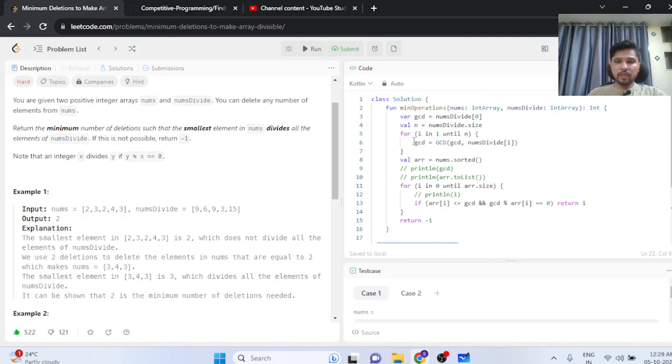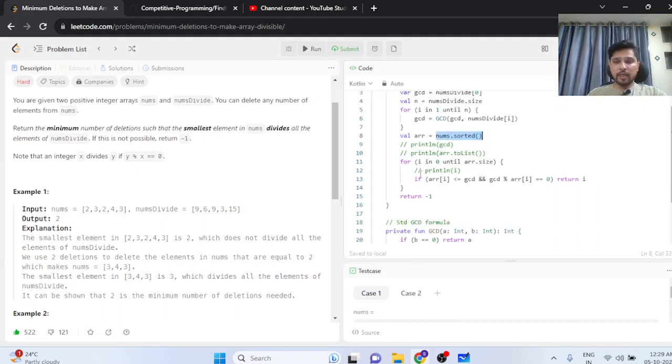Once that is done, I will get a GCD for this array, that is nums divide. Then I am sorting the initial nums array and iterating over each element of that array. I am checking whether that number is less than or equal to the GCD, because if that number is greater than the GCD, then there is no point, it cannot perform the division in such cases.